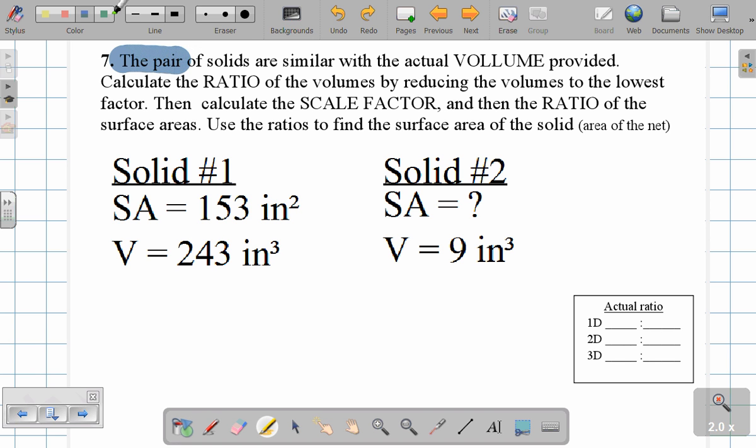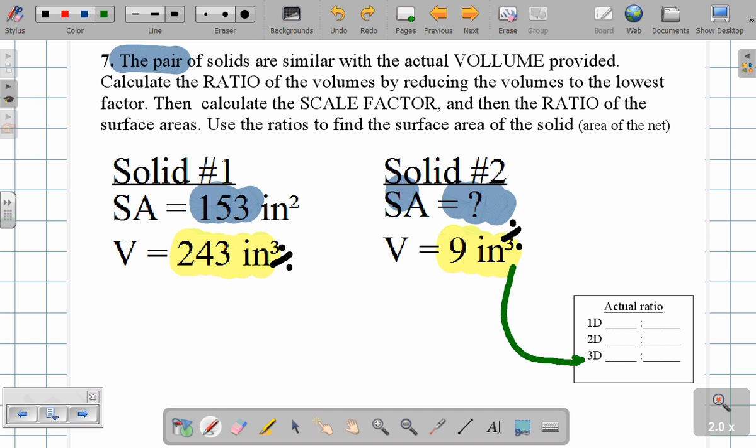This one's a little bit trickier. This time you are given the volumes and we're backtracking to the surface area. So first thing, you need to divide the volumes and you are getting from the volumes the 3D ratio. The two numbers can't be divided anymore.